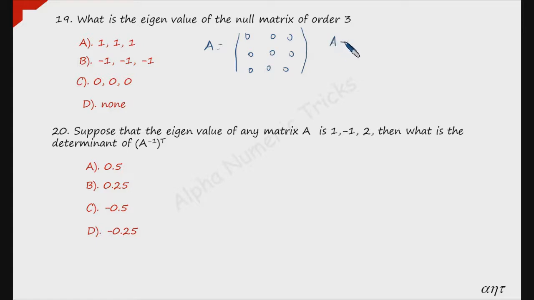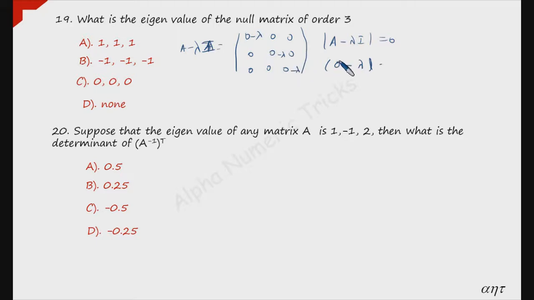The determinant of A minus lambda I is equal to 0. For the null matrix of order 3, we have 0 minus lambda on each diagonal element: 0 minus lambda, 0 minus lambda, 0 minus lambda.